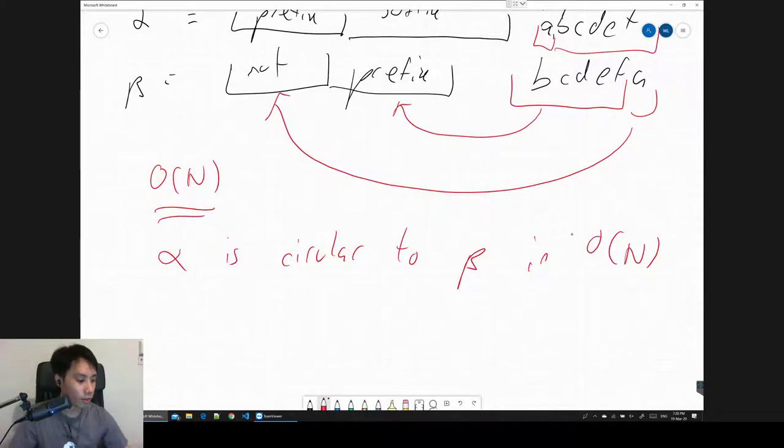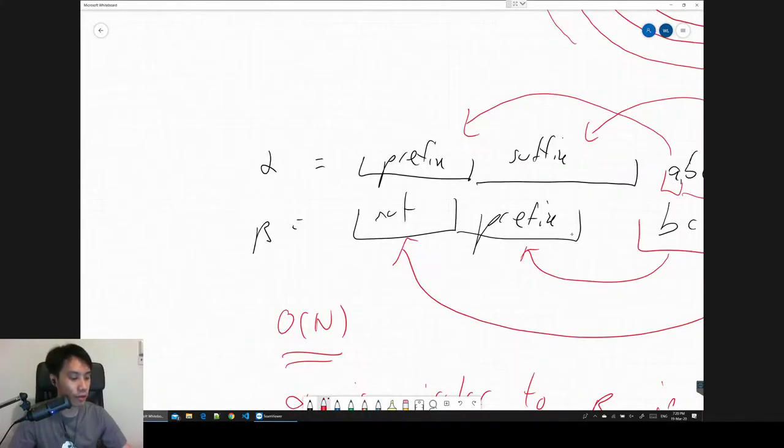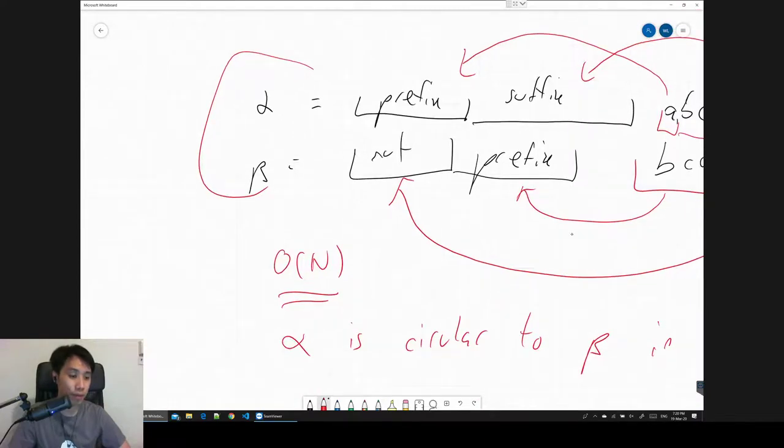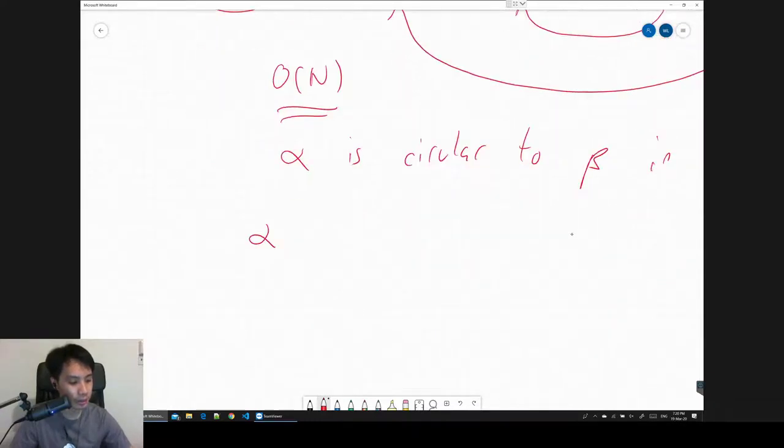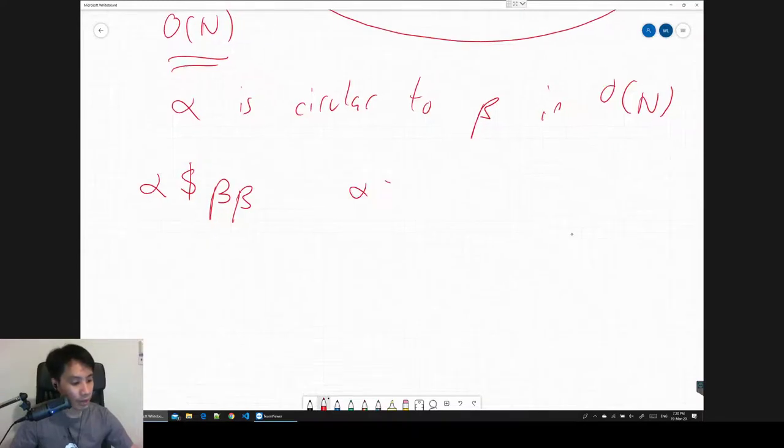If we exploit the prefix and suffix property again, we can perform the following: alpha, dollar, beta. Remember alpha is prefix followed by suffix, and beta equals suffix followed by prefix.